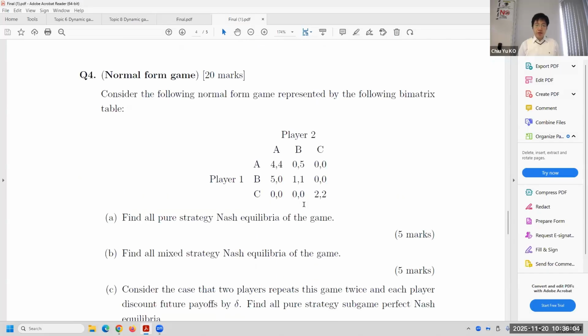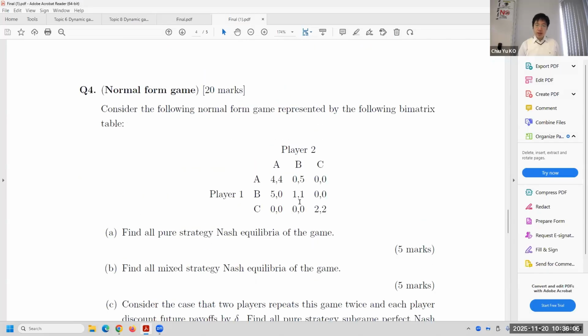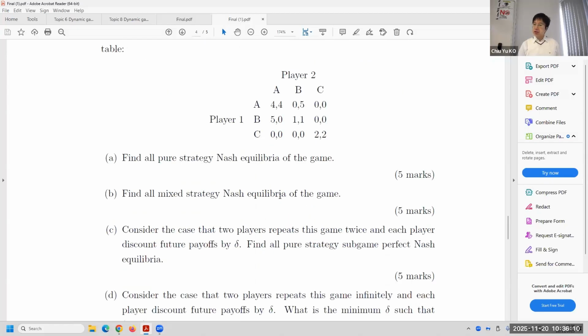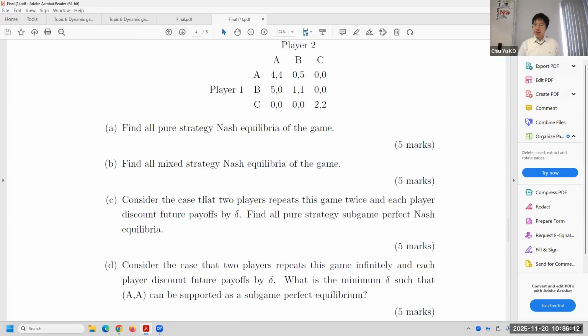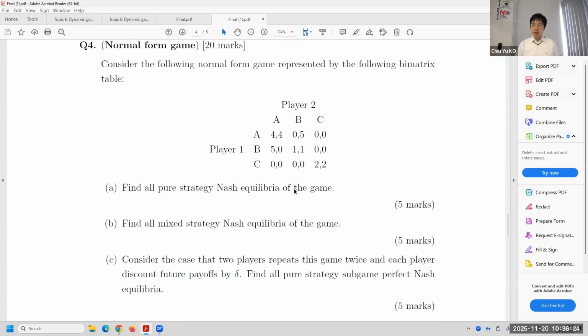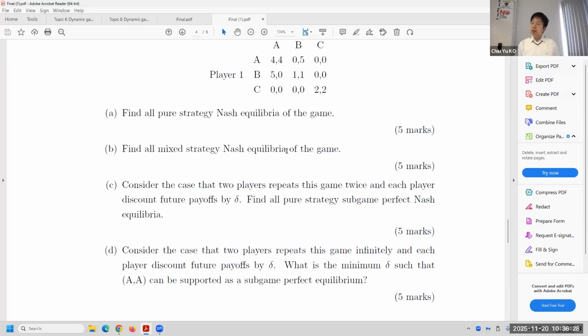And question number 4 will be on the game. Ask you to find pure strategy, mixed strategy, and find the subgame perfect equilibrium when this is repeated 2 times. Okay. And if you repeat many, many times, what would be the discount factor to support the outcome, right?